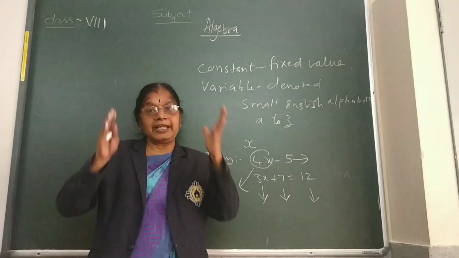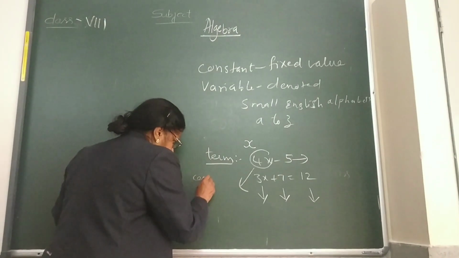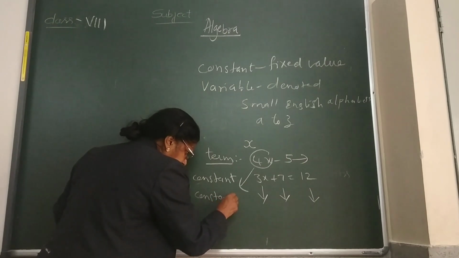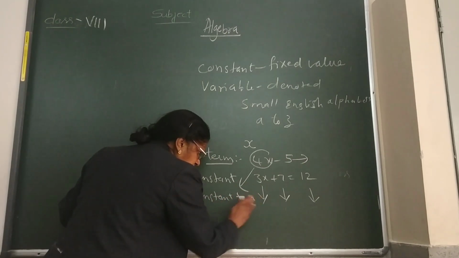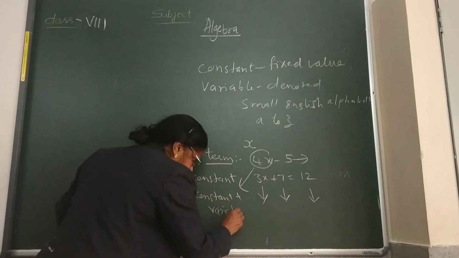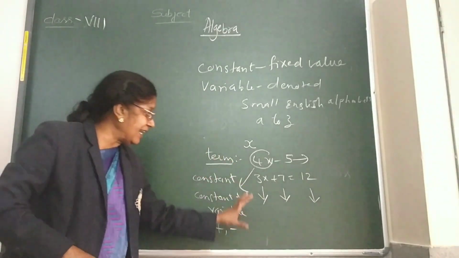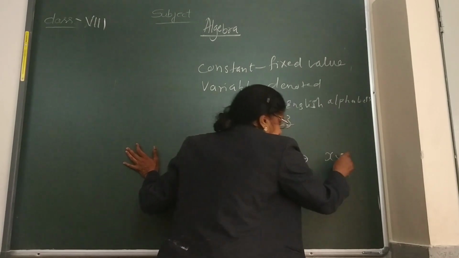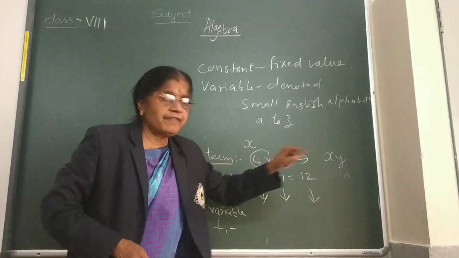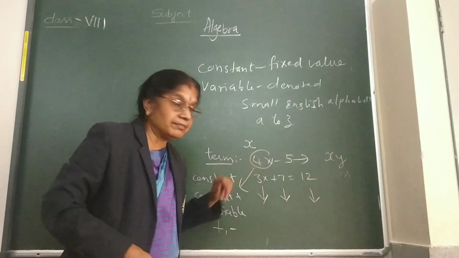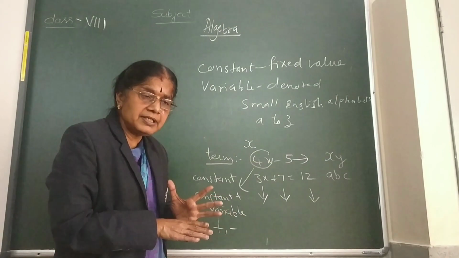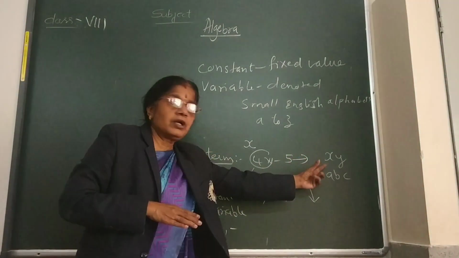So a term is a quantity which can be only a constant, or a constant plus variable with plus or minus sign in between. If I write x, y, there are two different variables, and that is also called a term. a, b, c, so the product of variables is also called a term.